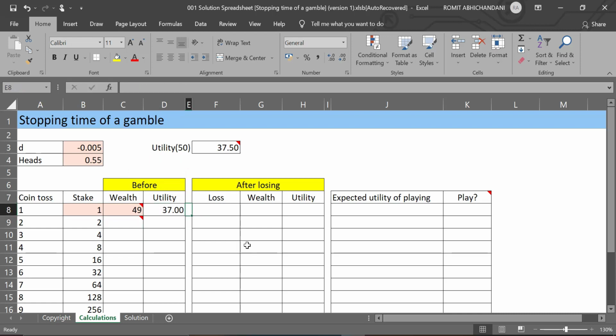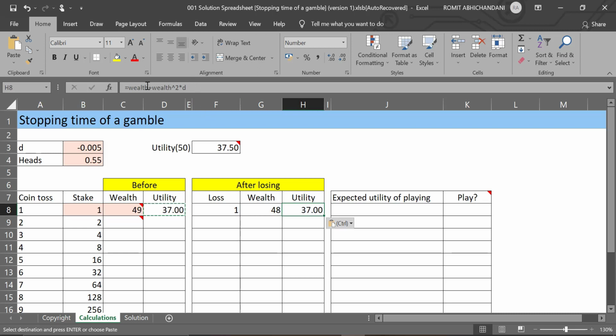This is the utility. Okay, and now since they have put £1 at stake, their loss will be equal to whatever they have put at stake, right? So their loss would be equal to this amount, and what would be their resulting wealth? It will just be this wealth minus this loss. Okay, so it's 48, and then you can calculate the utility using this same formula.